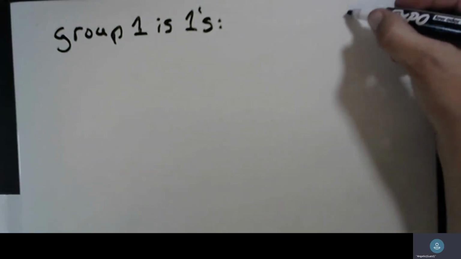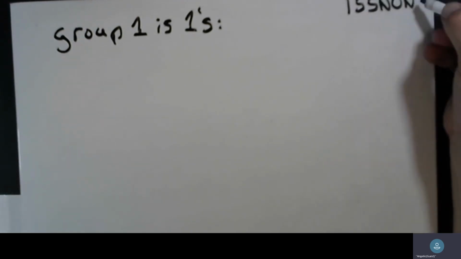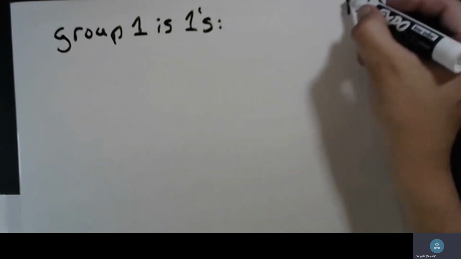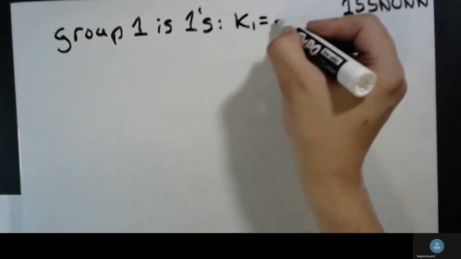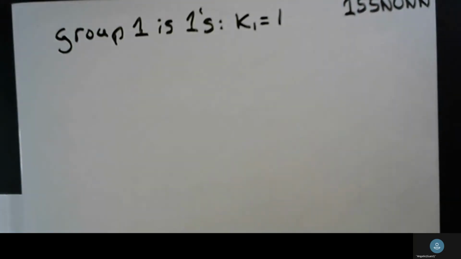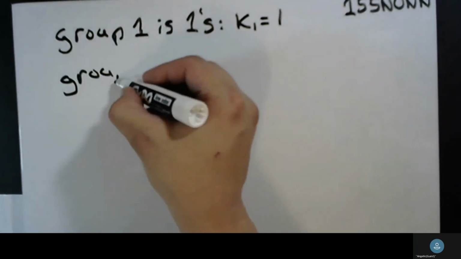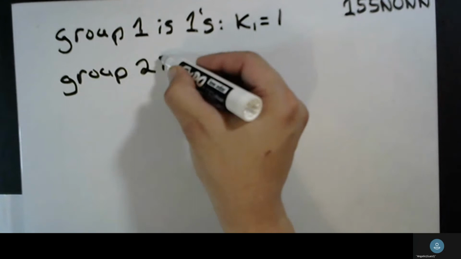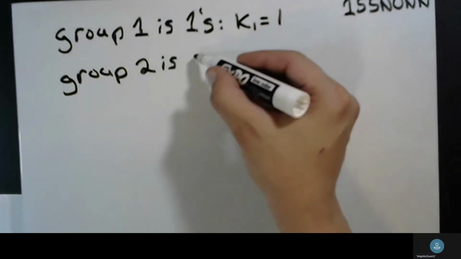Now, here's our letters to start. The number of 1s is just 1, so K1 is equal to 1. Group 2 is the 5s.